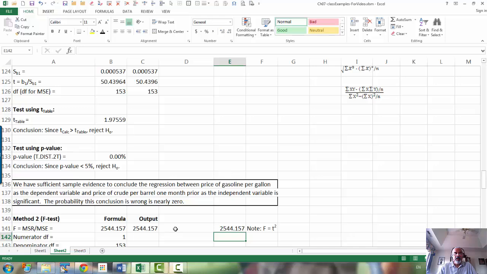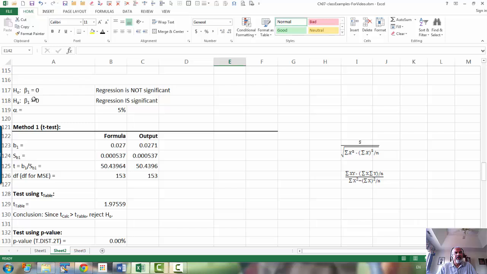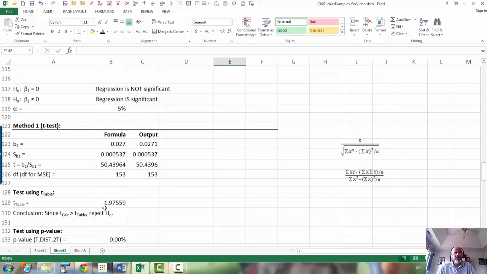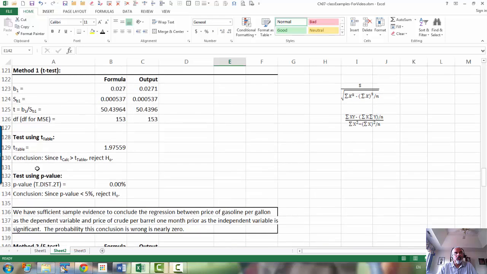Now all this is when beta sub 1 is equal to 0 against beta sub 1 not equal to 0. What if you're doing a one-tail test? In that case, you can't do an F test, you have to do only a t test, and the Excel formulas will be different, and I have given those in the Word document.